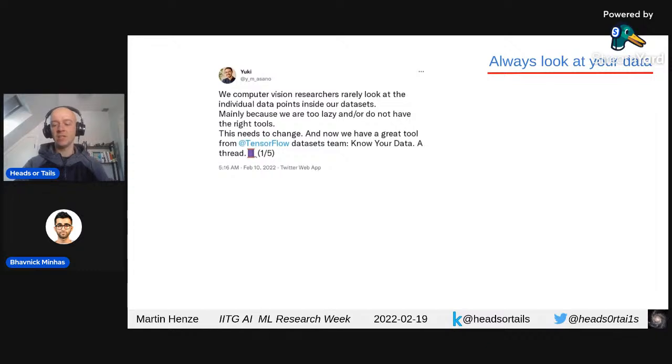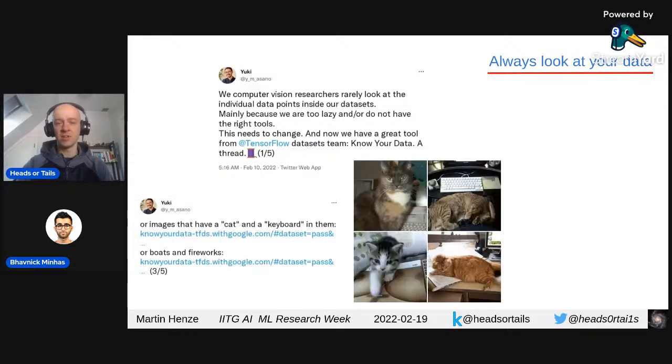And I think there are a few tools like this out there that would allow you to say, okay, I want to find all the pictures in my data that have a cat and a keyboard on them, right? And for anyone who has a cat, you won't be surprised that there are a lot of these pictures because, as we know, cats, they love to sit on everything and sleep on everything that they're not supposed to. So keyboards are always a good choice.